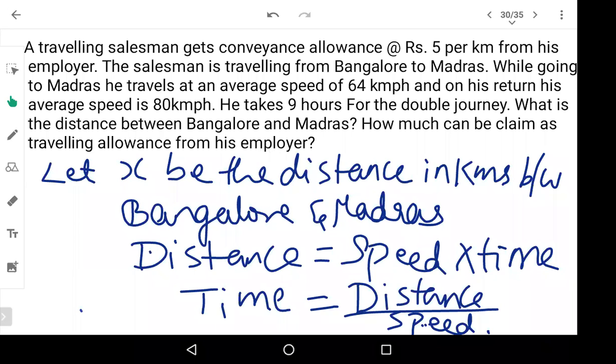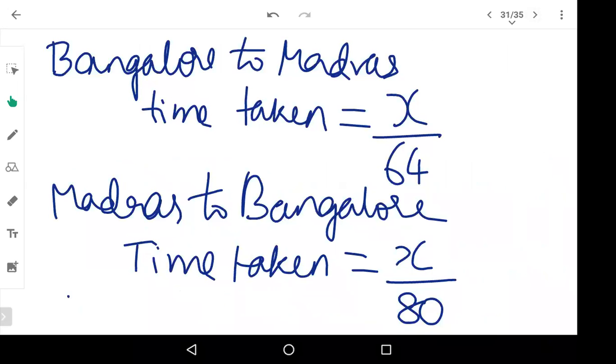He is supposed to get the conveyance allowance for the kilometers traveled. How much are they giving? 5 rupees per kilometer.